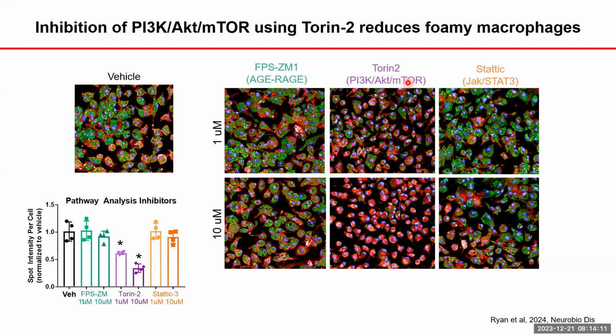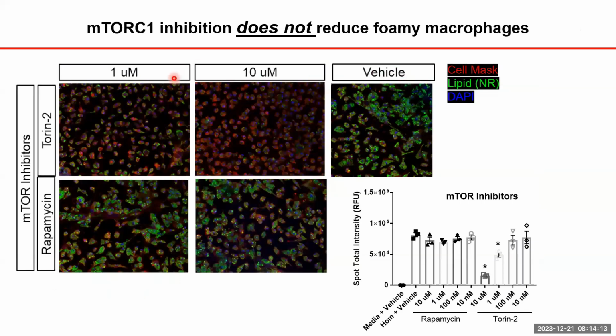Because we thought it was mTOR, we took another commonly used mTOR inhibitor, which is rapamycin. Taurine-2 and rapamycin bind to different binding sites on mTOR, and interestingly, mTORC1 inhibition did not actually decrease lipid content in foamy macrophages. This was not what we expected, but in retrospect, it was a very fortuitous finding.